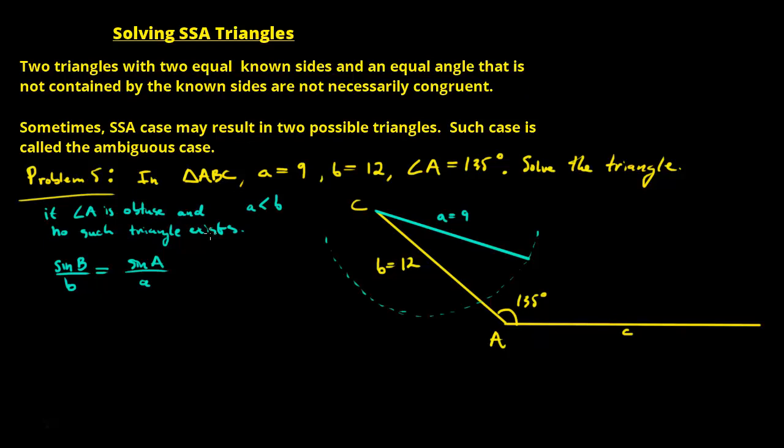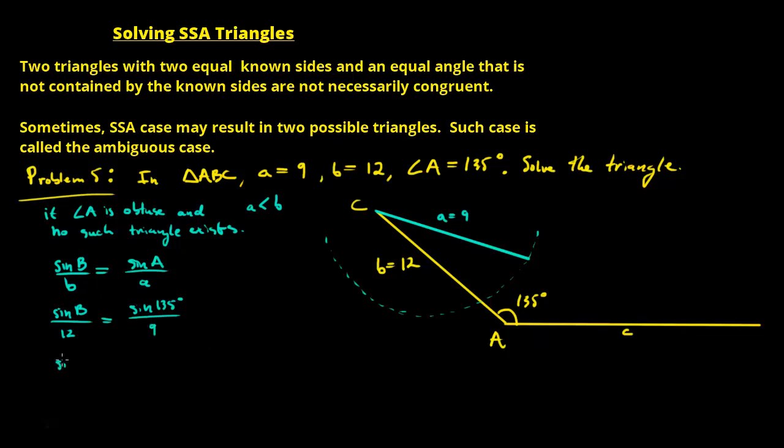That's really important. And let's see what happens when I try to use the sine law to solve this side-side-angle case. So if I try to use the sine law to solve for angle B, let's see what happens. I have that sine of angle B over 12 is equal to the sine of 135 degrees over a, which is 9 units.